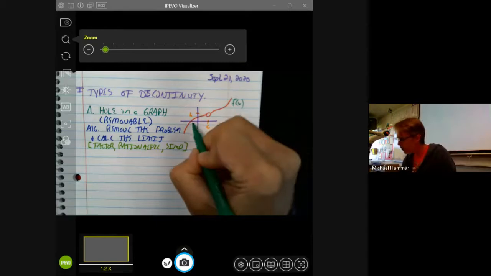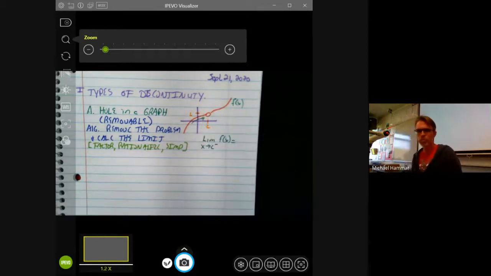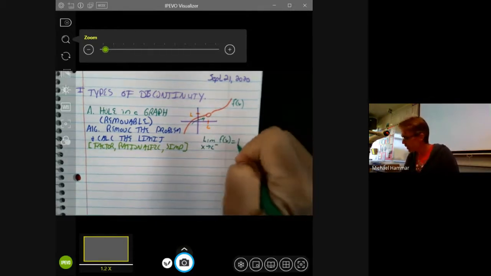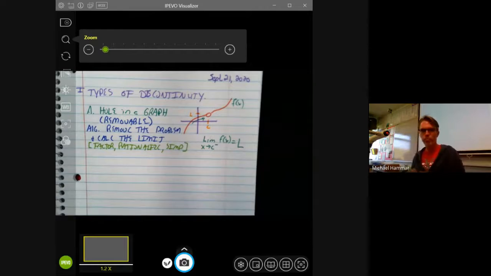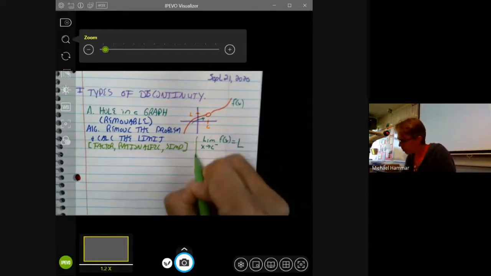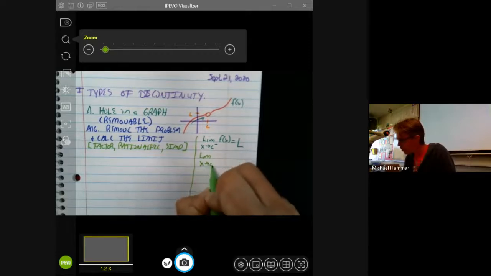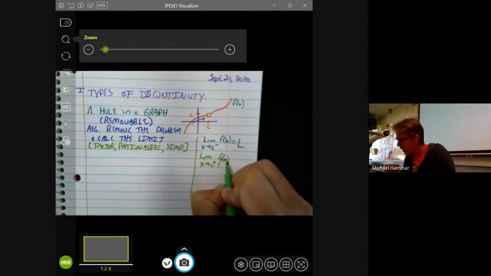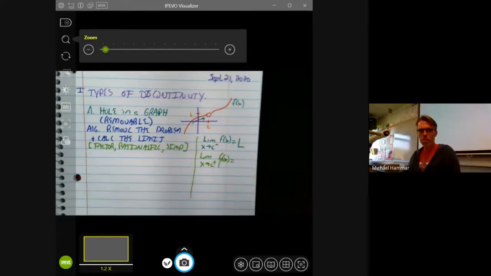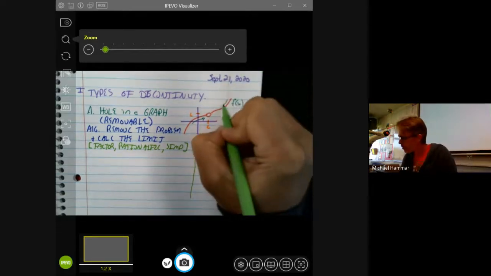So we come in from the left. We notice that it has a value of L. Now, remember, you also need to find the limit as x approaches C from the right of f of x. Okay? So let's come in from the right.